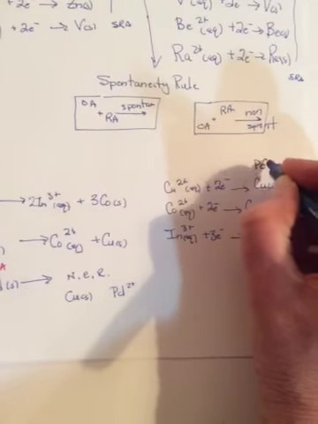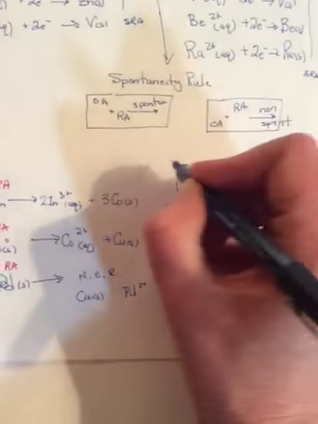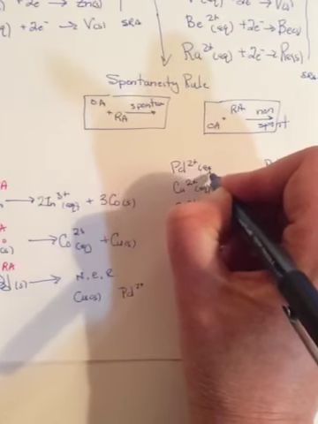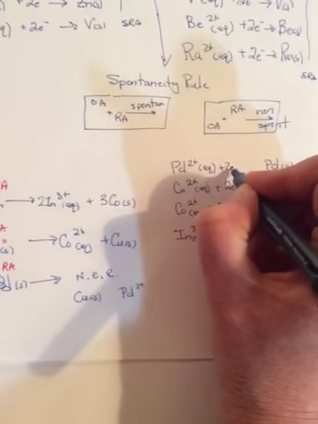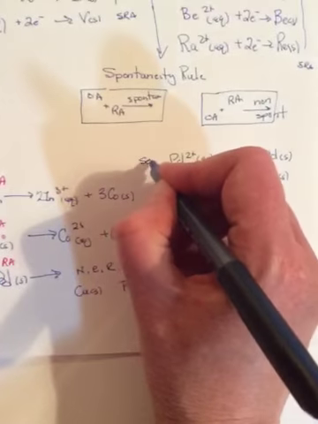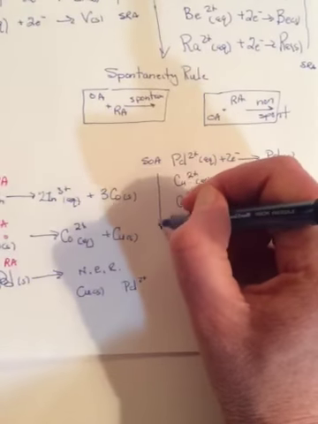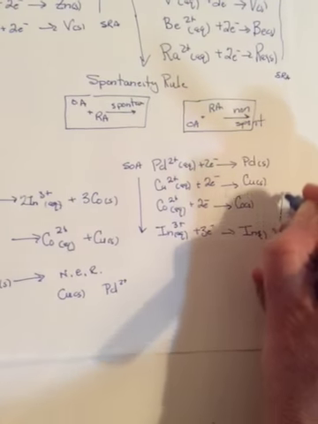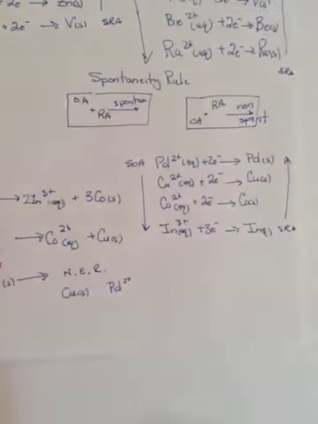So it's our reducing agent, so it goes on this side. Over here will be Pd2 positive aqueous plus 2 electrons going to that. And so we have our chart. This will be the SOA going down, and this will be the SRA going up. And our chart is done.